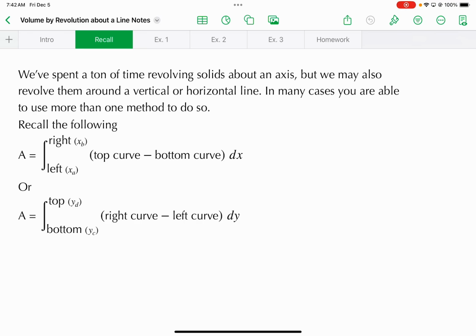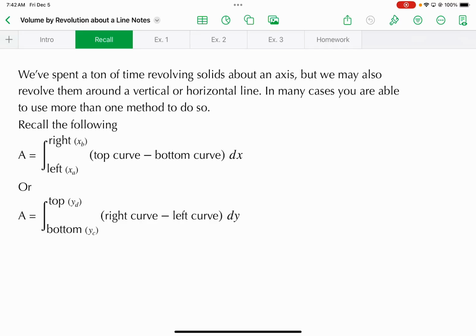Particularly if I'm revolving something around a line that's above it, instead of my top part being my function, it might be the line that I'm revolving it around. So if it's like y equals 5, you'll find that the first value could very well just be your constant 5. And we've seen some stuff like that before. And then the bottom could be your function, or if the line that you're revolving around is below, it could be the bottom curve as well.